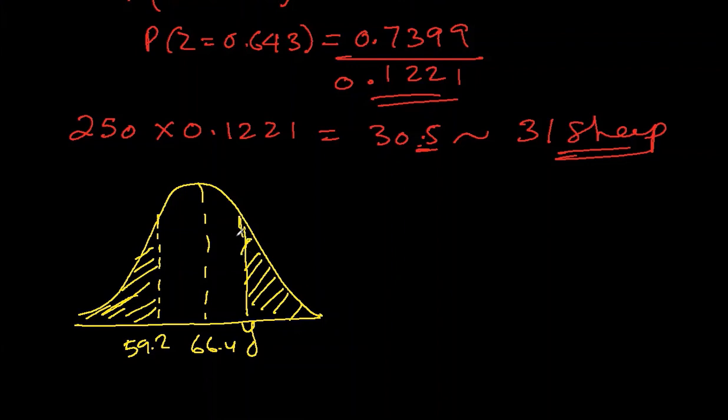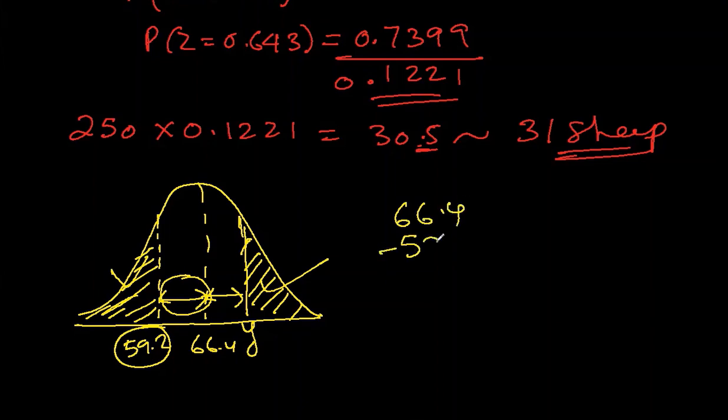We know that a normal distribution is a very uniform kind of graph where one part is a reflection of the other. If this probability is equal to this probability, that means this number is exactly the same distance from the mean as this number. So let's find this distance first, which will be 66.4 minus 59.2, which is 7.2 kg.